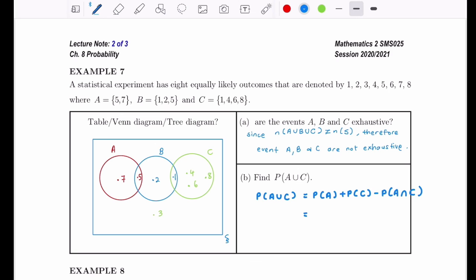So probability of A, in event A, we have 2 numbers, so 2 out of 8, plus probability of C. So in event C, we have 4 numbers, so 4 over 8, minus the probability of A intersect C. As you can see here, A does not intersect with C, so there is no intersection between A and C, so minus 0. So 2 over 8 plus 4 over 8, we're going to get 6 over 8, which can be simplified.